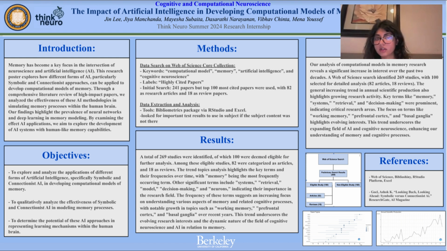And these highlight critical areas of interest in our research community. Specifically, we noticed an increase in topics like working memory, prefrontal cortex, and basal ganglia over recent years, which suggested to us that there's a growing interest in understanding the neurological correlates of cognition in functions like memory, decision-making, and more.